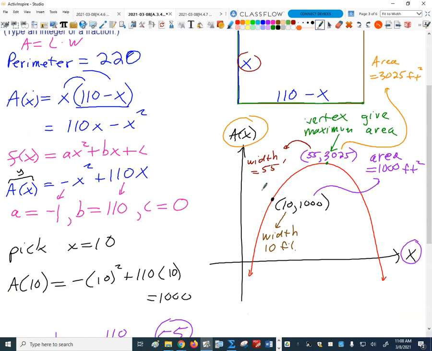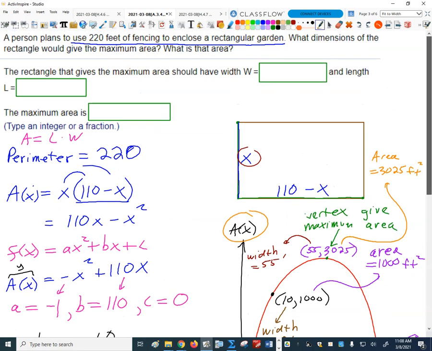And so we don't have to know anything else about this function. We know that the maximum is going to occur for this area function when the width is 55 feet and the biggest value the area could ever be is 3025.